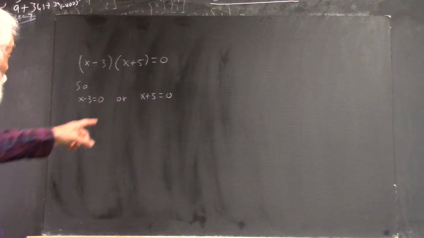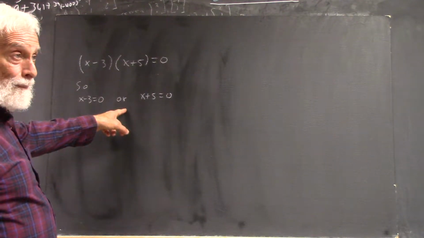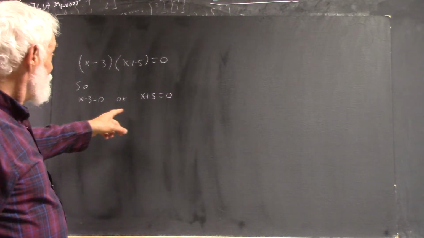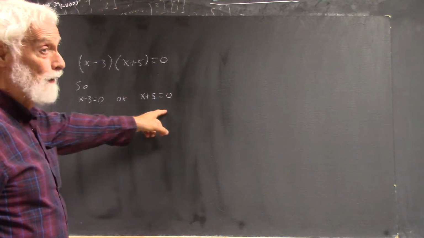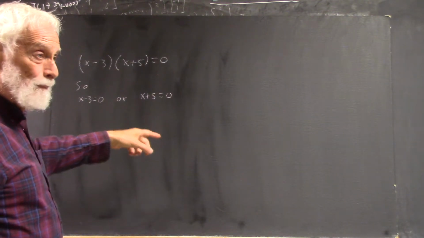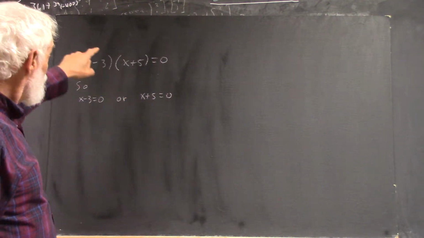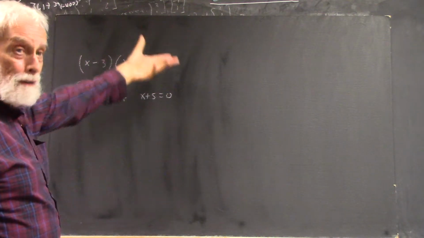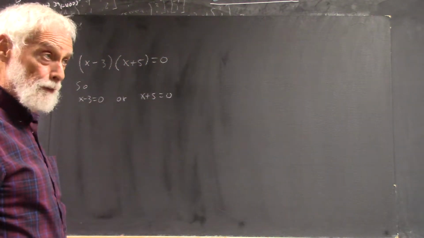Now it's "or," it's not "and," right? Because if x minus 3 is 0, x plus 5 isn't 0, is it? So it can't be "and." But "or" is sufficient, because if one of these is 0, then the other is multiplied by 0, and you get 0.